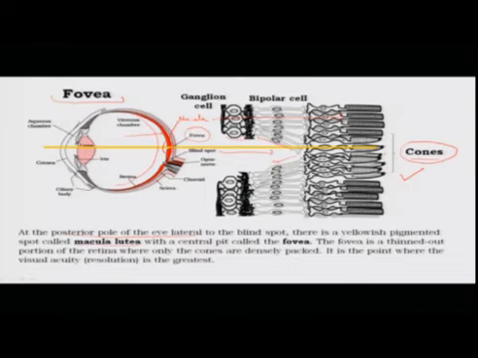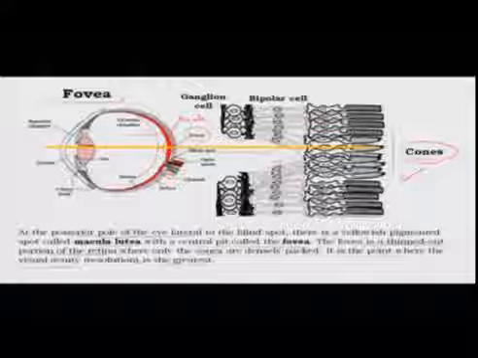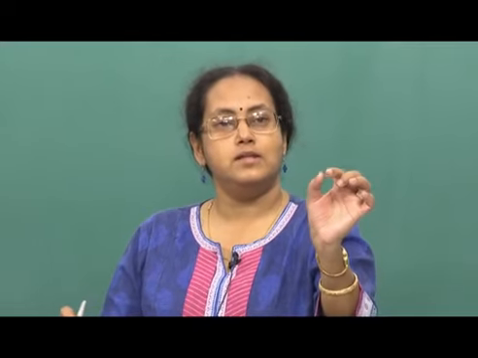At the center of it, there is a pit called the fovea. The fovea is a thinned out portion of the retina where only the cones are densely packed, hence the high resolution, and it is the point where visual acuity is the greatest, that is, the highest resolution image can be formed. So, whenever you want to see detail, you move your eye so that the image is formed exactly on the fovea.